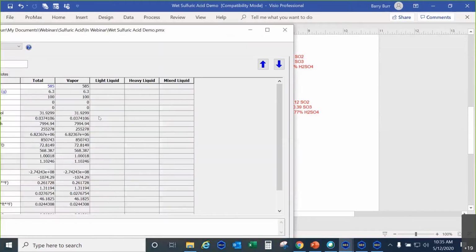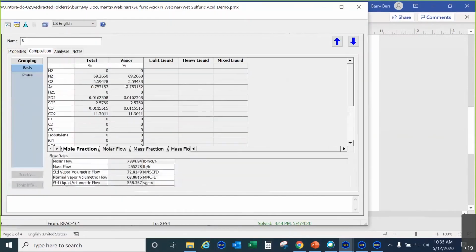At this point, we have very little SO2 remaining, so most of that has been reacted. We have some SO3 remaining. Not all of it has been converted to sulfuric acid, but we have mainly the components that we're interested in: some SO3 and some sulfuric acid.